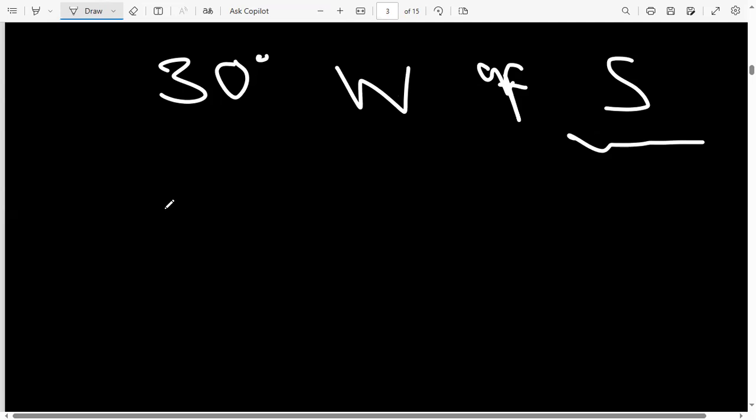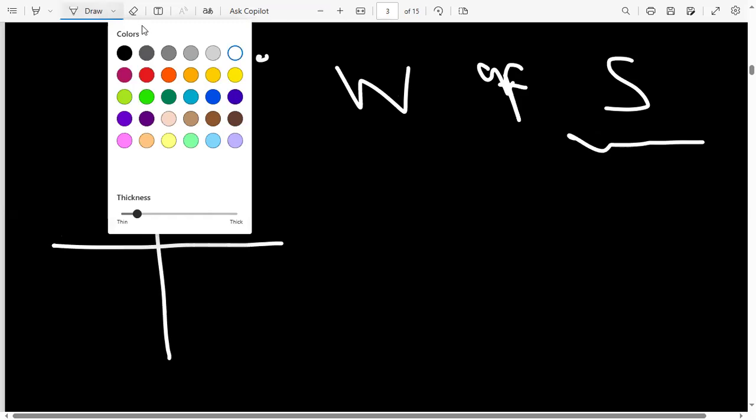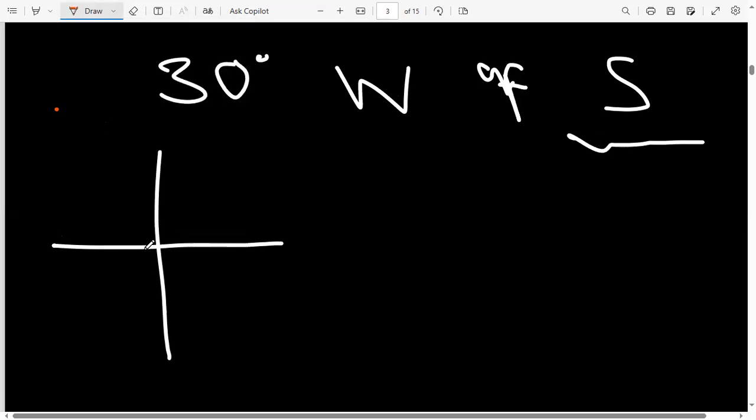So if I have my XY plane like this, I'll go first of all to the south. If I'm starting from here, this is my start, I'll go to the south, and then I'll move 30 degrees where? To the west. I know my west is here, so I'll move like that, 30 degrees.